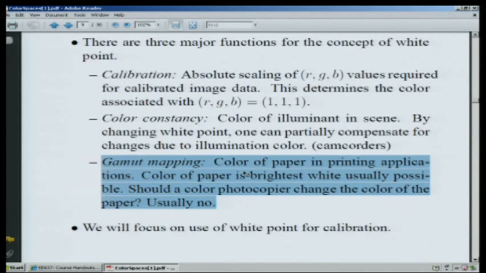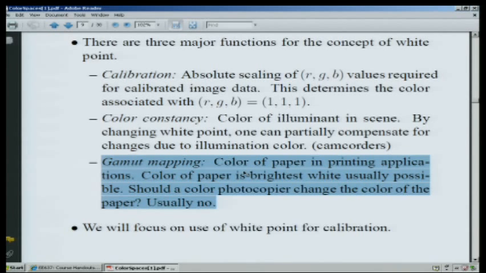Do you want the copier to reproduce the color of the paper that you're copying? Even if you do, it may not be able to, because maybe the paper you're copying has a brighter white than the copier would have, since it would need white ink to make the paper whiter. So it's just not realistic.